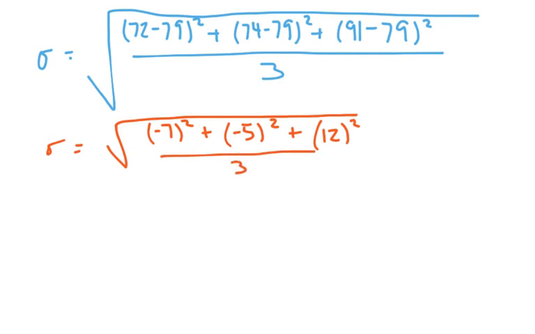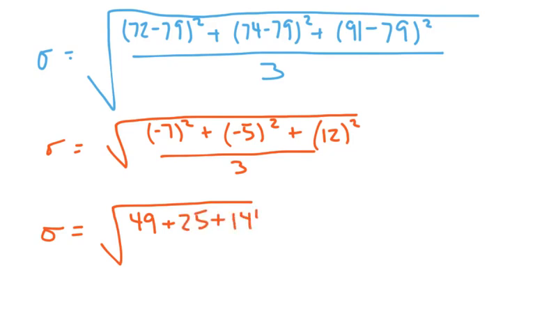You'll see that this cleans up in a hurry. And negative 7 squared will be 49. Negative 5 squared is 25. And 12 squared is 144. Still all divided by 3. I am going to slide over here to keep this on one screen.